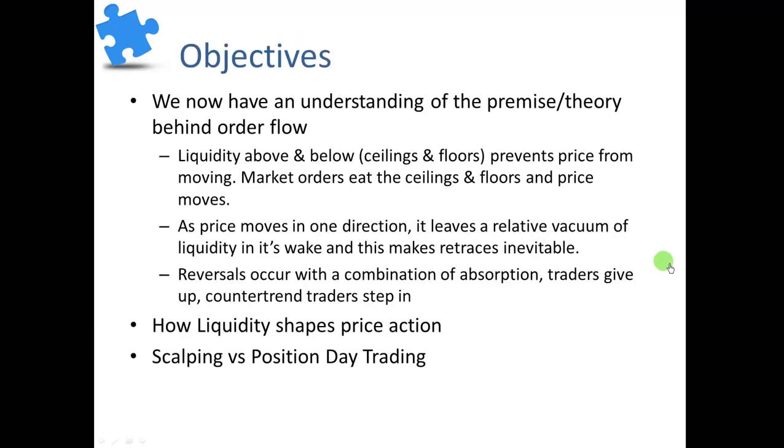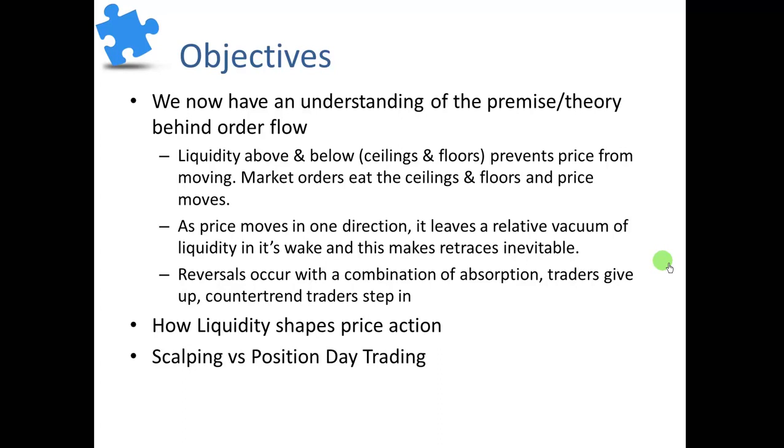Now, we talked last week about order flow, and based on that session we should have an understanding of at least a theory behind order flow. If we just recap what we learned last week: liquidity, or limit orders, acts as floors and ceilings, and you can't move through a price until market orders eat all of the liquidity in the way.